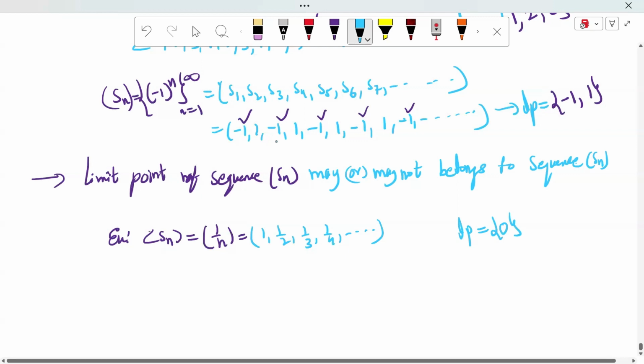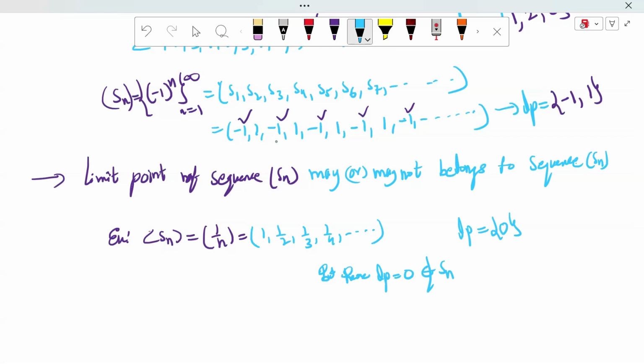So the limit point is 0. But here the limit point 0 does not belong to Sn, sir. It is not in the sequence Sn, but for the sequence Sn it is a limit point.